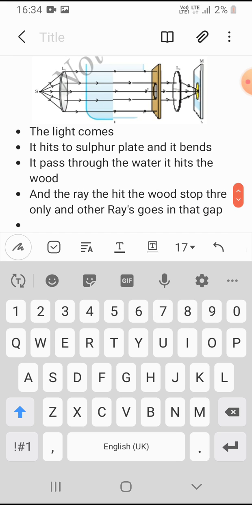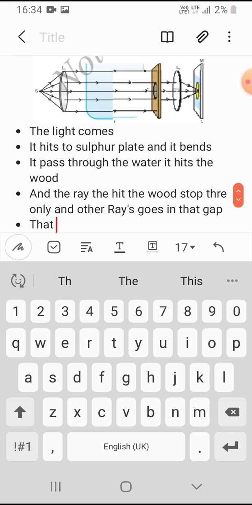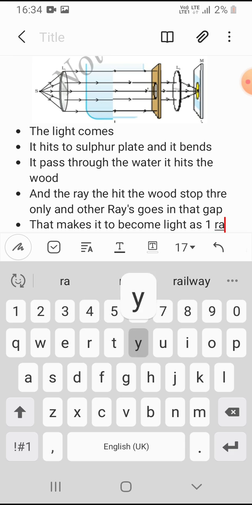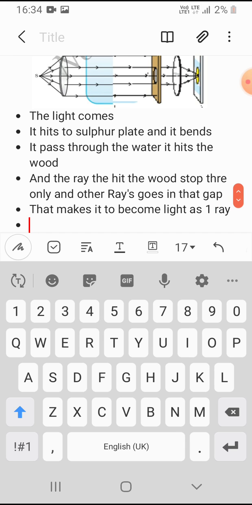So here another small plate is kept, that makes the different rays become one ray. As you see here, one ray was coming, and when it becomes like this, it makes it one ray.